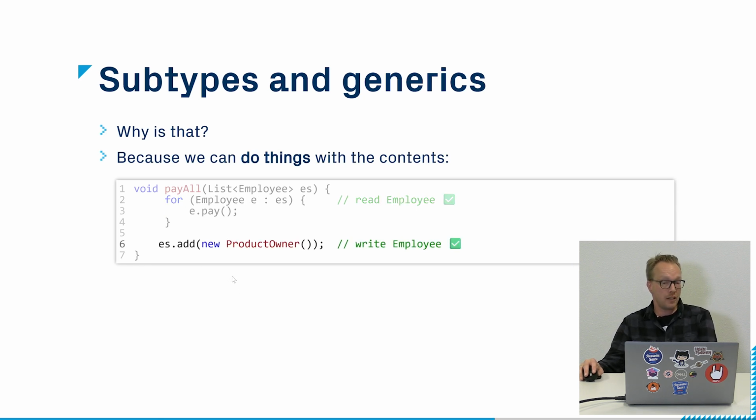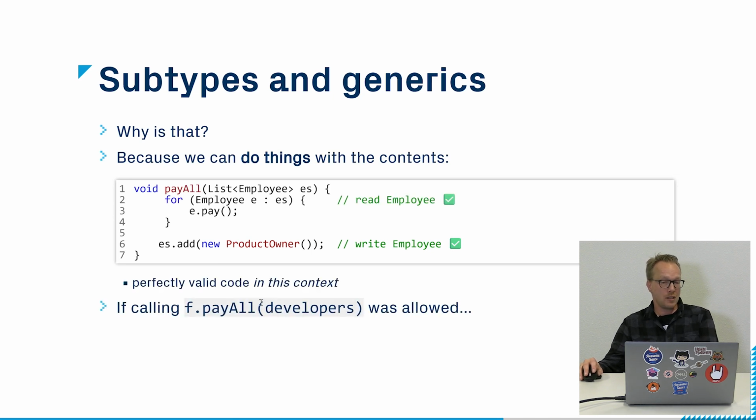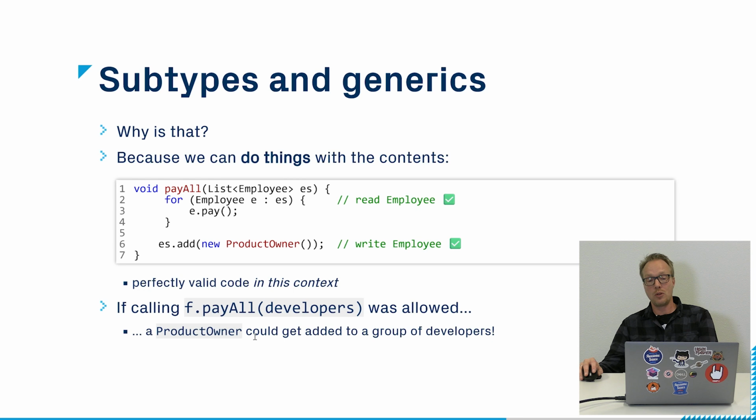It's perfectly valid in this context. But if this would be allowed, then we could create a mess, because a product owner, for example, could get added to a group of developers.